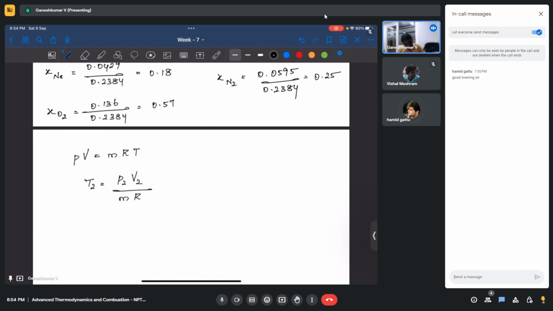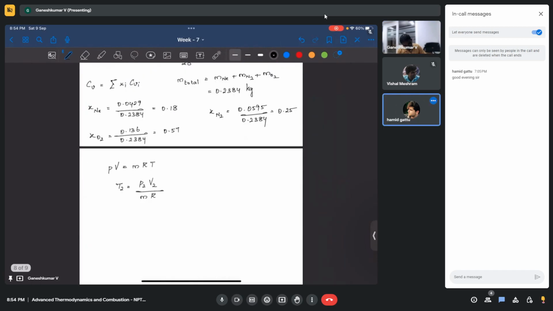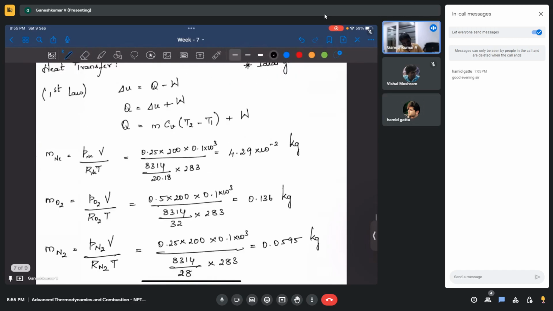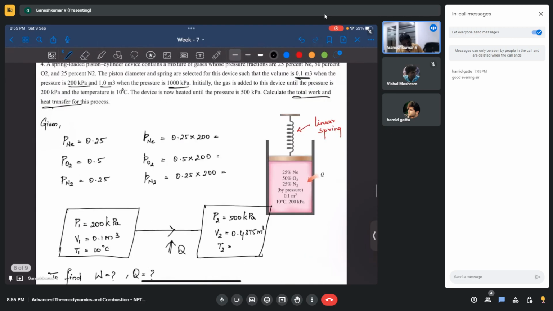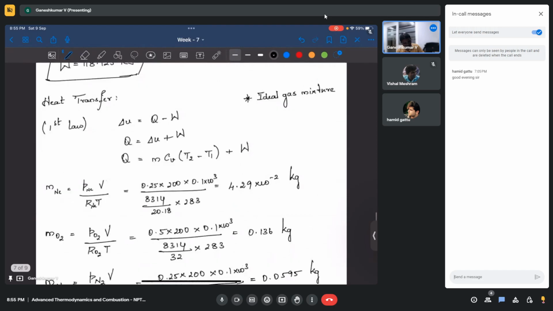The molecular weight of the mixture, did we find it already? No. R is Ru divided by the molecular weight of the mixture. In the last problem we solved it in terms of mass fractions, right? So that is 1 divided by the sum of xi by molecular weight of i.